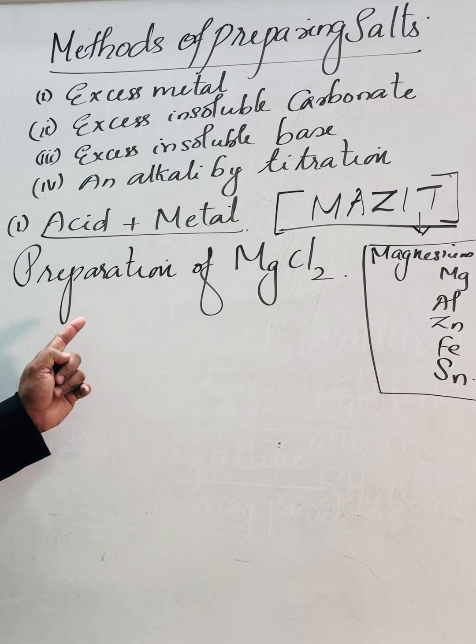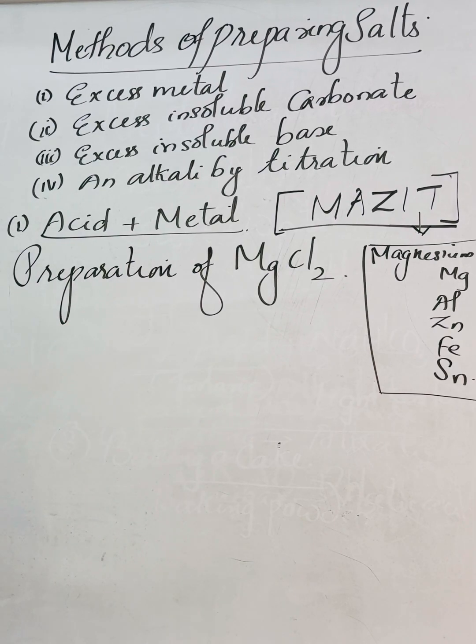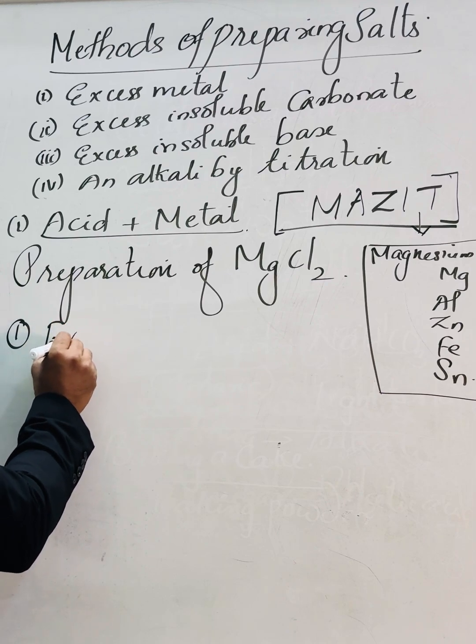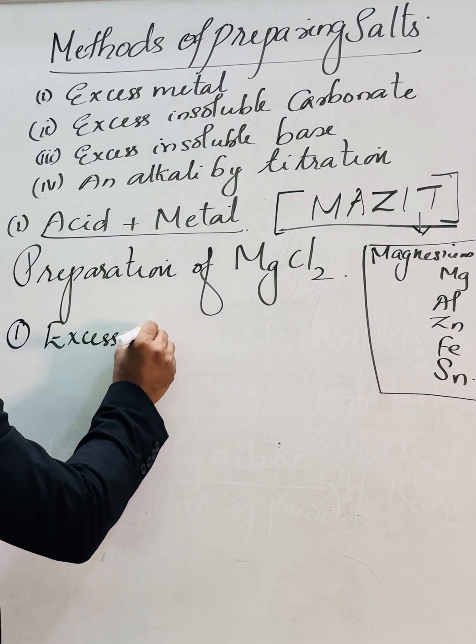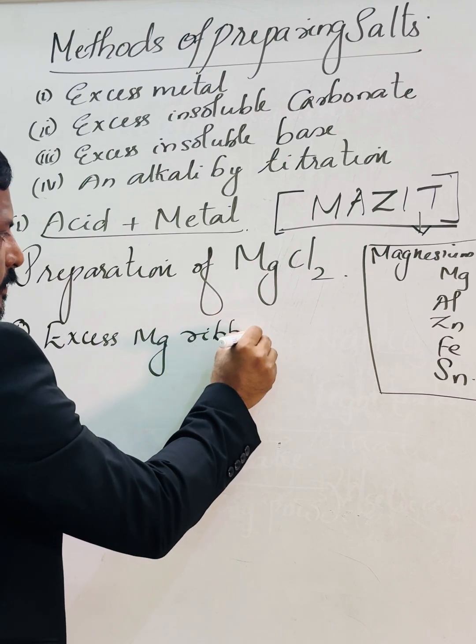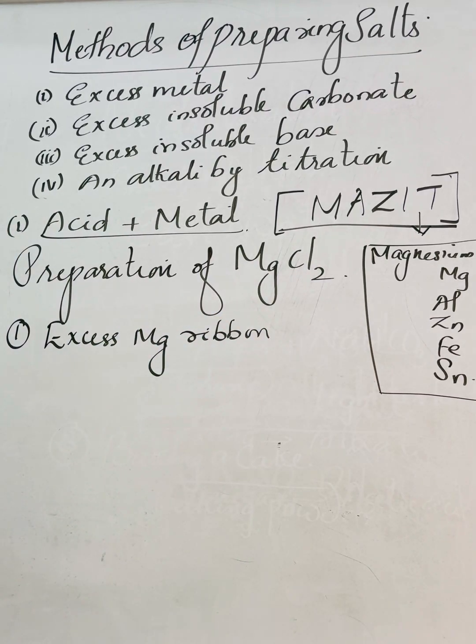Now we are going to prepare magnesium chloride. In this case, first of all, we use the first procedure. We use excess magnesium ribbon. Excess magnesium ribbon is added to dilute hydrochloric acid.